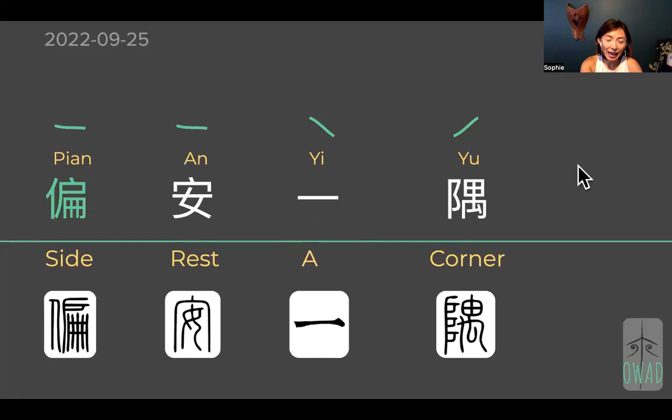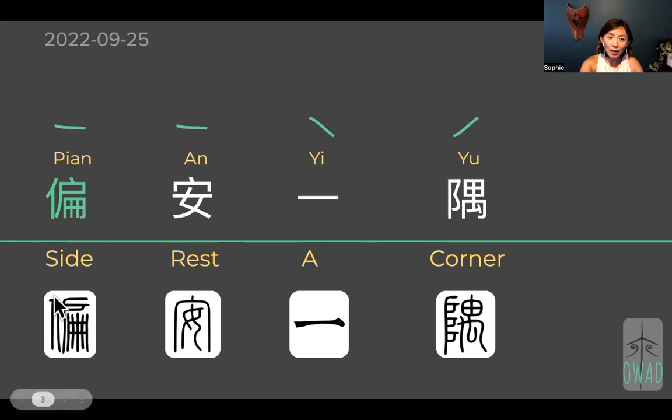And we have 偏 continued in today's 偏安一隅, 偏安一隅, because it has a little bit of connotation, but it also has this far away, not in the center, not demanding attention, so kind of hide away, tuck away, that kind of connotation here.